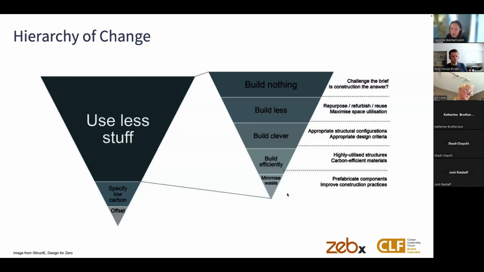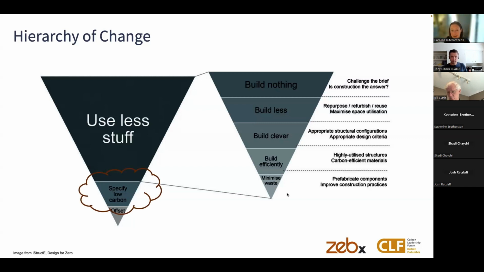Ultimately this was written with how to get to net zero. We're not aiming to get to zero right away, only aiming to get to a 40% reduction by 2030. So we can sit in these top two pieces of this triangle. Ultimately, we're still going to build homes, and we're still going to build other buildings. So that's when things like carbon capture and storage and offsets come in.